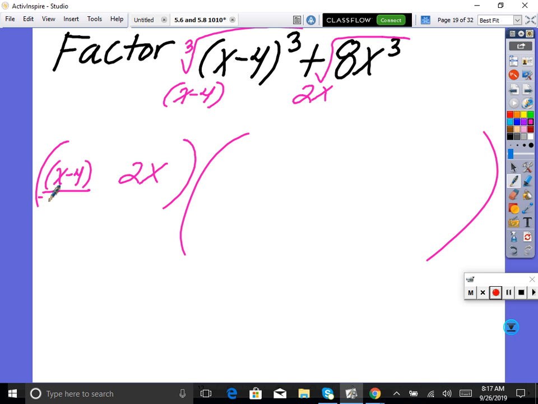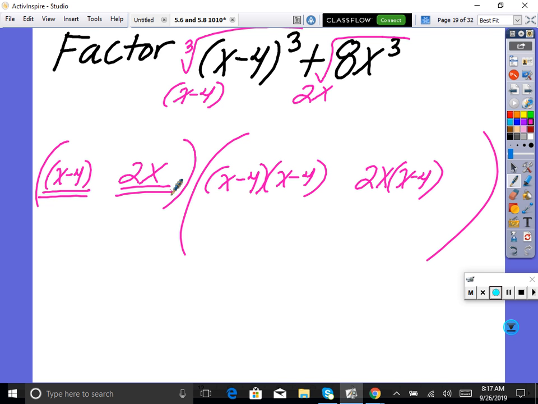The front times the front would be x minus 4 times x minus 4, wouldn't it? Then the front times the back would be, not filling in the signs, 2x times x minus 4. Then the back times the back, 4x squared. Let's fill in our signs. The original sign comes straight down. The next sign is the opposite, the final sign's plus.